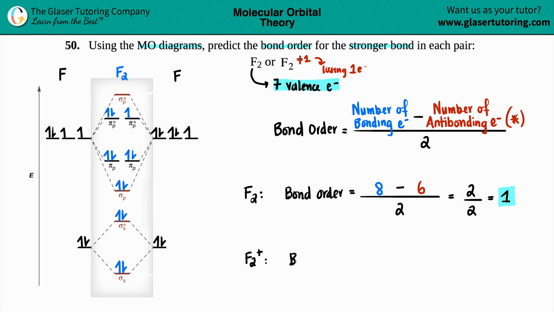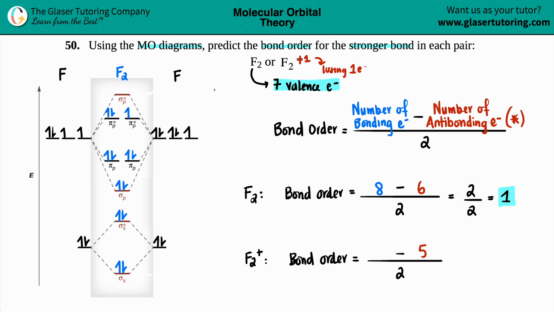So bond order equals something minus something, divided by 2. Let's look for those antibonding electrons. This didn't change, so 2. And then over here now, I have 3. Just kidding. Where did I get 3? 2, 3, 4, 5 electrons. So 5 goes over here.